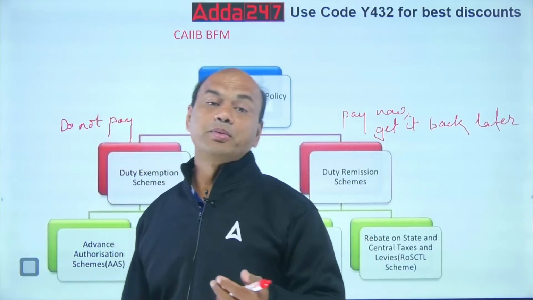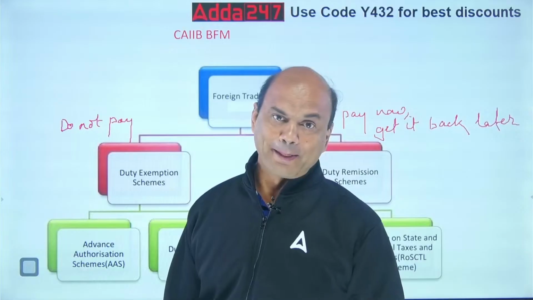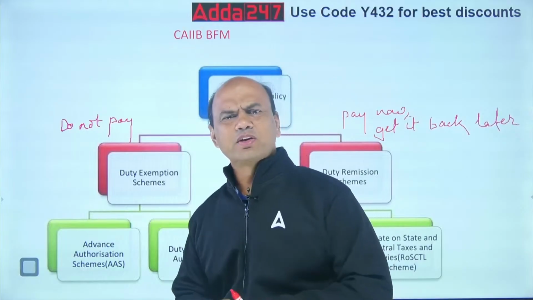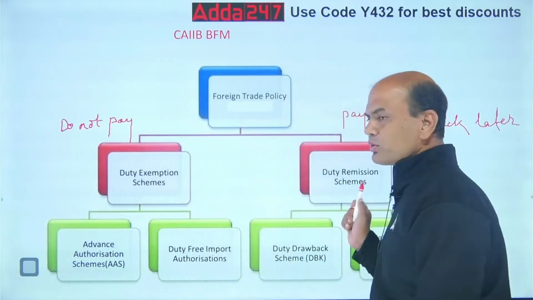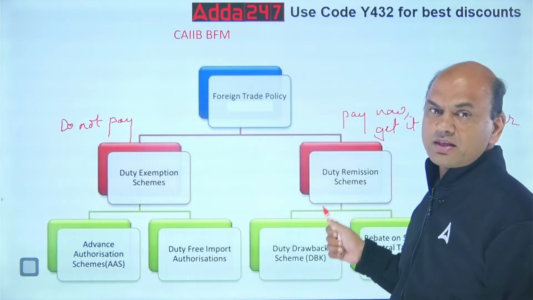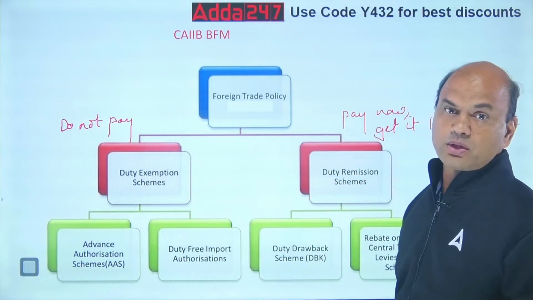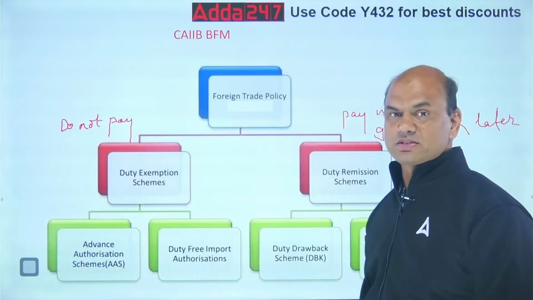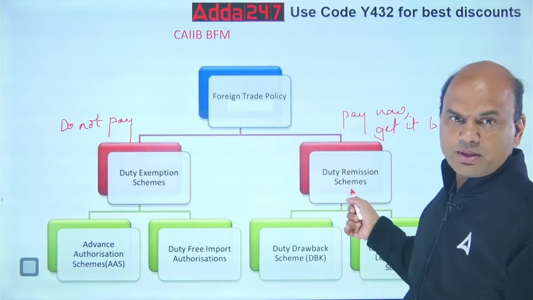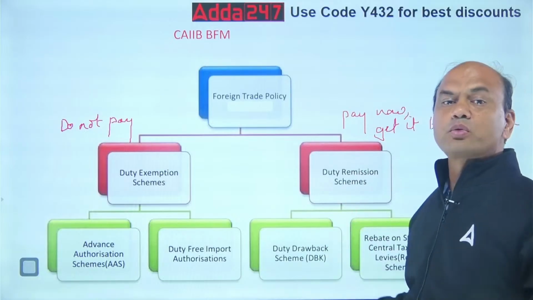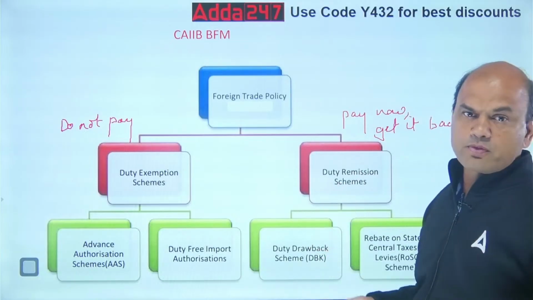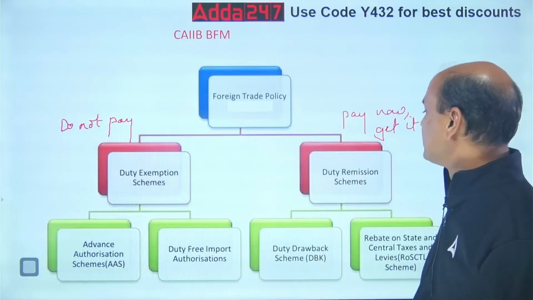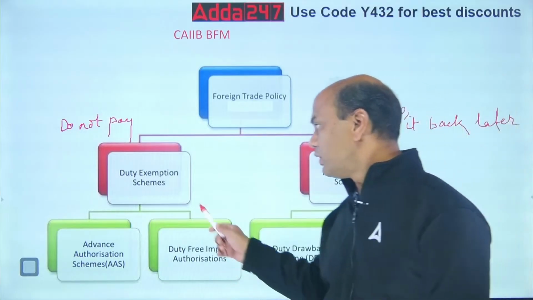Like the PMEGP scheme, or many government schemes are in this form. Like the housing benefit you get for 2 lakh under Pradhan Mantri Awas. First you pay the EMI, and then after 2 years, looking at your overall performance, they will give it to you, isn't it? So, duty exemption schemes.